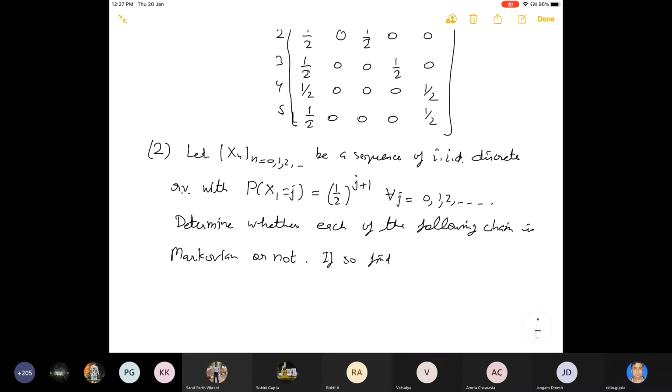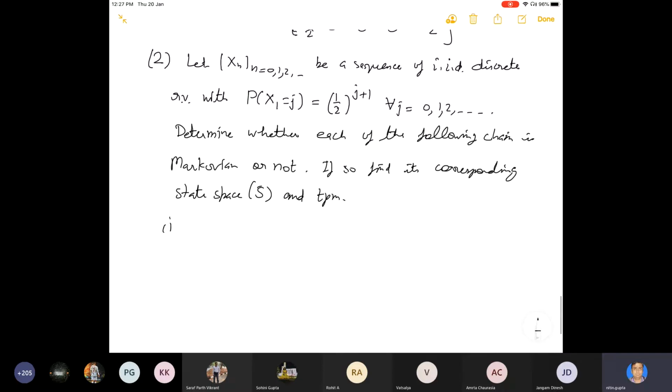So, find its corresponding state space S and TPM. First is Sn, n is 0, 1, 2 and so on, where Sn is summation xi, i is from 1 to n.